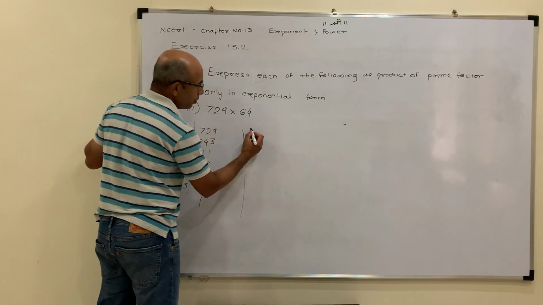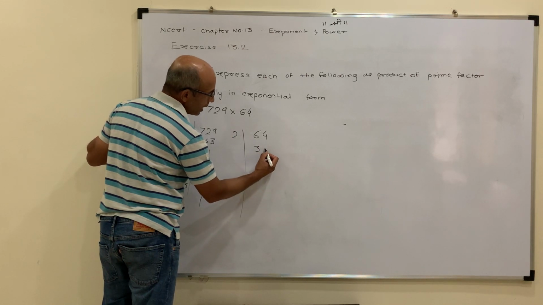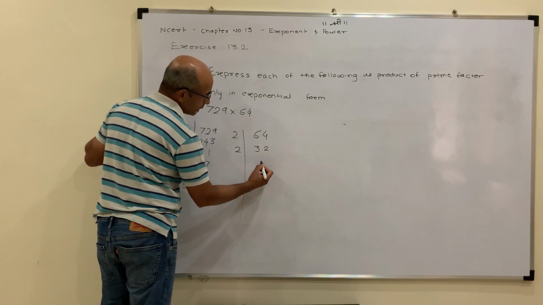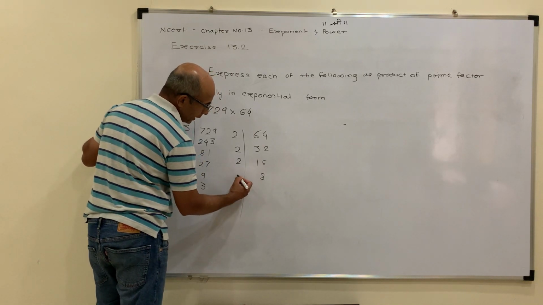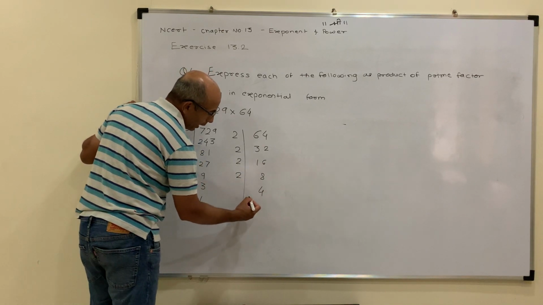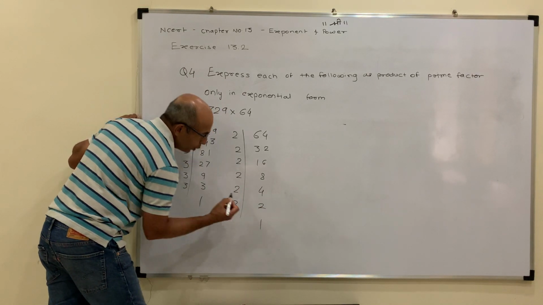Now let's move on to 64. 32 2s are 64, 16 2s are 32, 8 2s are 16, 4 2s are 8, 2 2s are 4, 2 1s are 2.